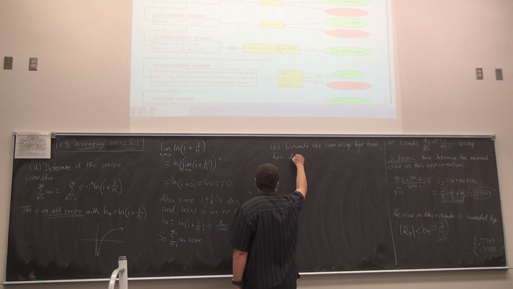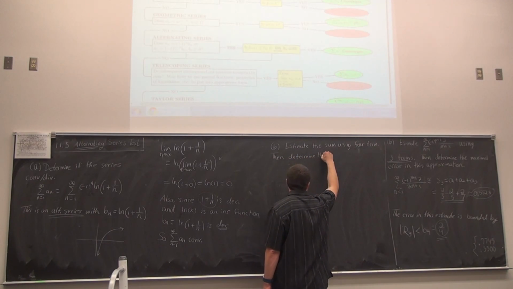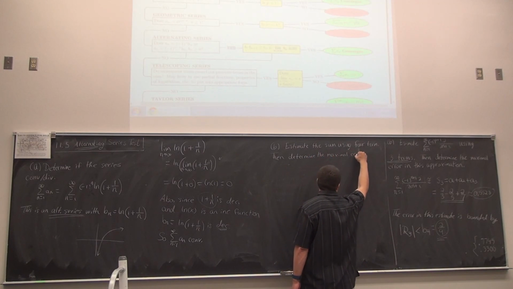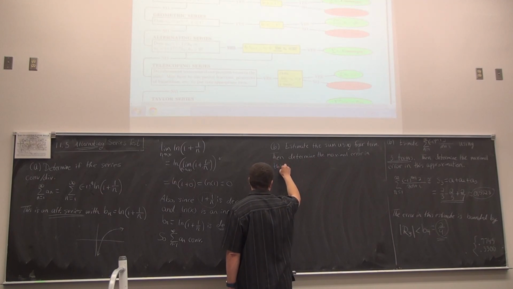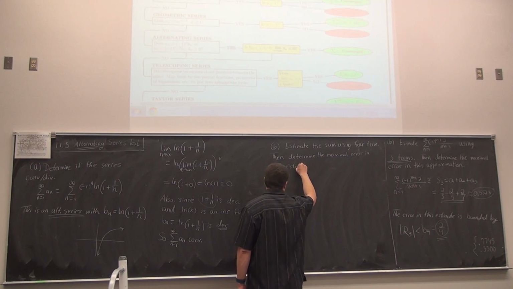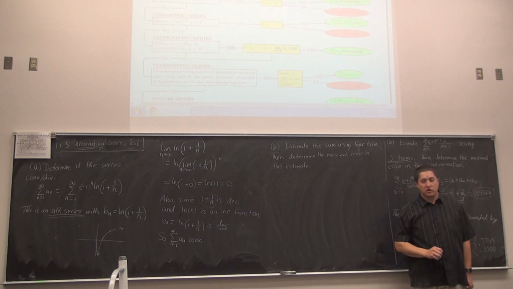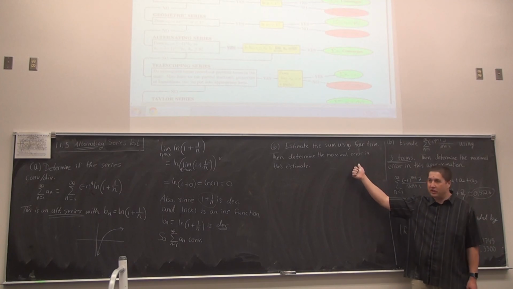Then determine the maximal error in this estimate. Okay, so that's what the problem would look like as an exam question. I might change some of the nouns and verbs a little bit, but that's about what it'll look like.